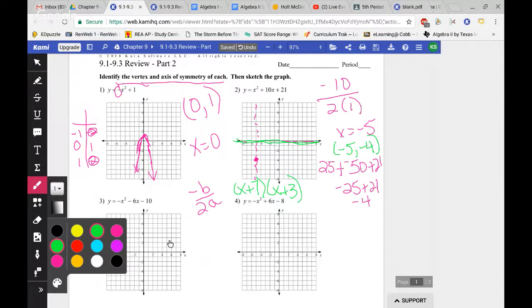So I know that my x-intercepts, or my zeros, or the solution to this graph, are going to be the opposite of those, which is -7 and -3, because if I plug them into the little mini algebra problems, I would get the opposite. Does that make sense?